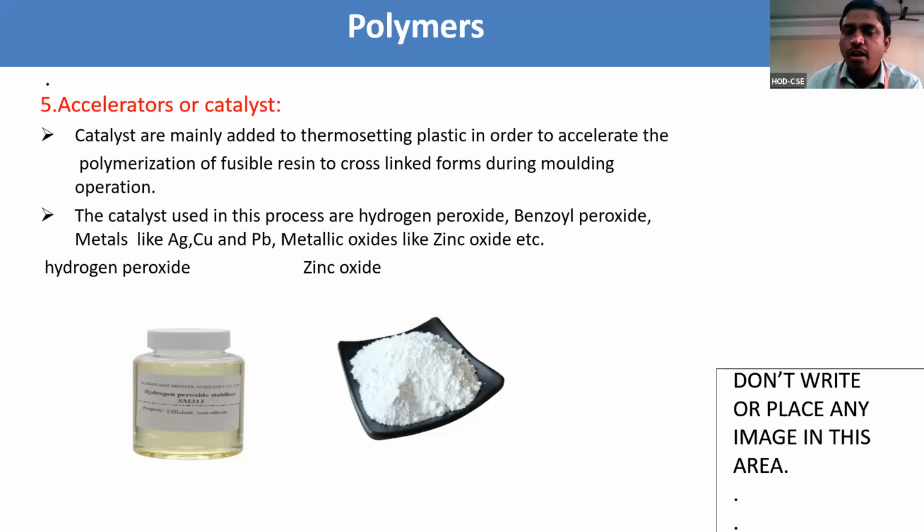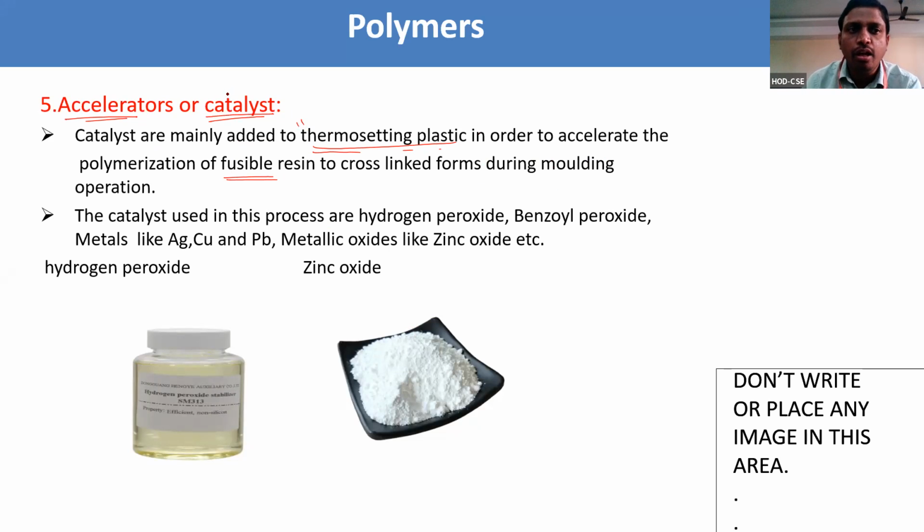Now coming to the accelerators or catalysts. What is the use of these accelerators or catalysts? Catalysts are mainly added to thermosetting plastics, not to thermoplastics. These are added to thermosetting plastics in order to accelerate the polymerization of fusible resin to cross-linked form during the molding operation.